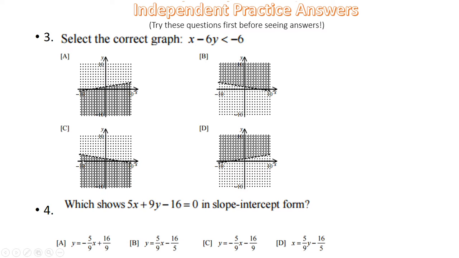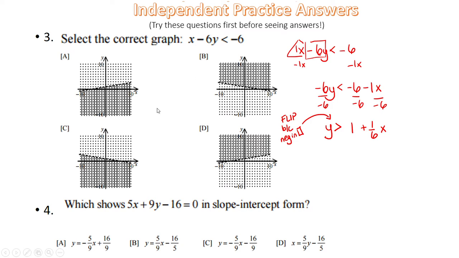Okay, here comes number 3. Number 3, in order to graph it, and this is what you have to know, is when we are not given an equation, we have to solve for y. That's the main purpose of today's lesson, is solving for y. So we're going to subtract -1 or 1x from both sides of the equation, and then we're going to divide by -6 because that's the number in front of y.